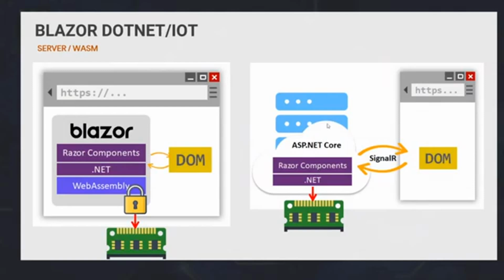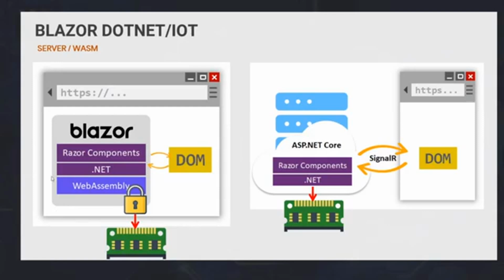Another thing I also have to show is this, because for Blazor today we have two ways to make applications. We have Blazor WebAssembly and Blazor server, right? For embedded devices and IoT, the best way is to use the server mode, the Blazor server mode, okay?